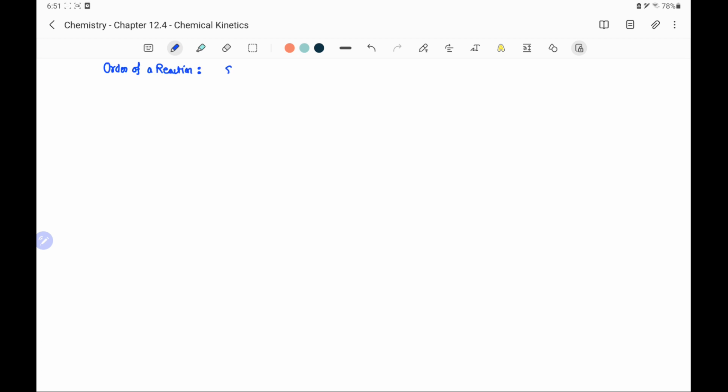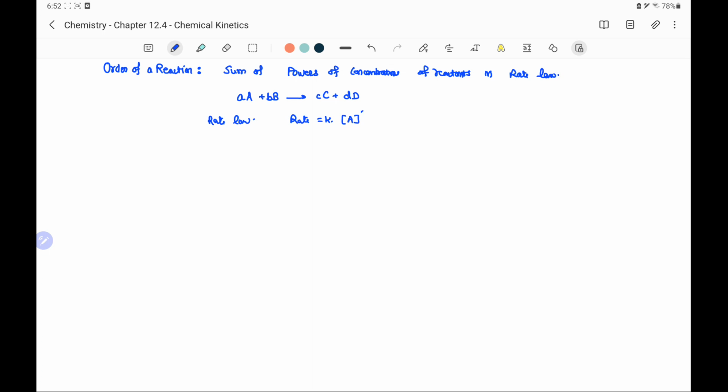Order of a reaction is the sum of powers of concentration of reactants in rate law. We have taken an expression aA plus bB, which gives cC plus dD, and we have written rate law as rate equal to k into concentration of A raised to the power x and concentration of B raised to the power y.